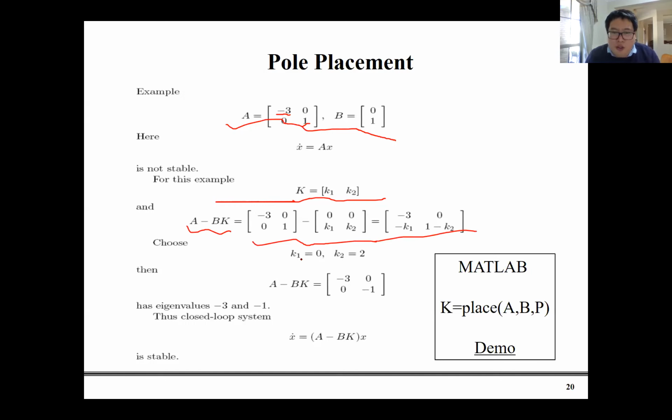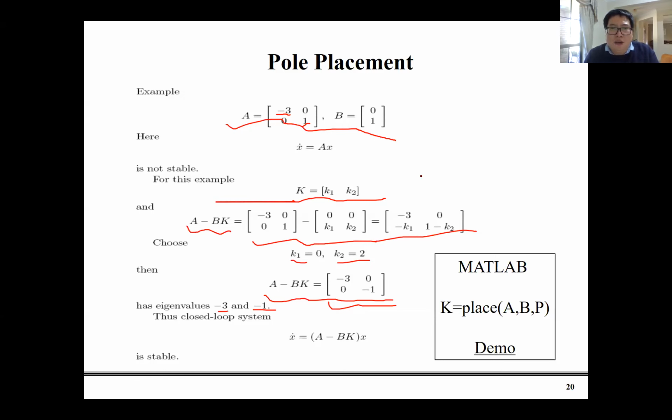Then if we choose K1 equal to 0 and K2 equal to 2, we have this new A matrix, and we can see this A matrix has eigenvalues -3 and -1, and then this closed loop control system is stable, right?